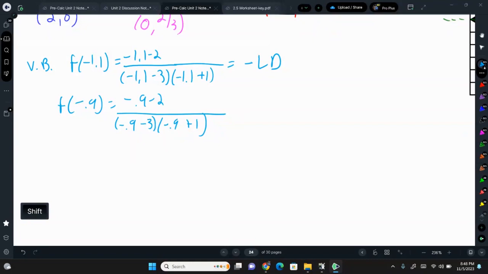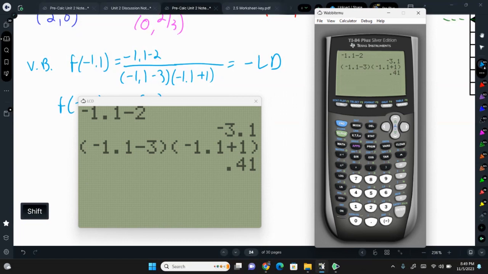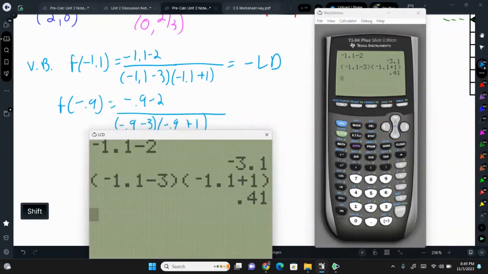So we're going to have a negative in the numerator, and the denominator is also going to be negative, because again, if we do parentheses negative 0.9 minus 3 times parentheses negative 0.9 plus 1.